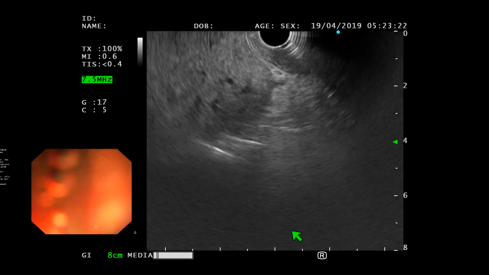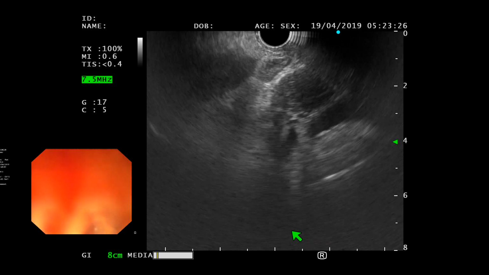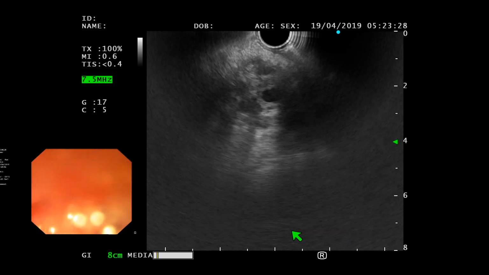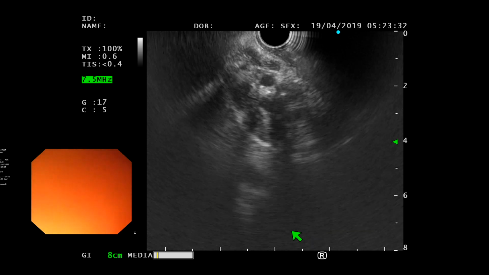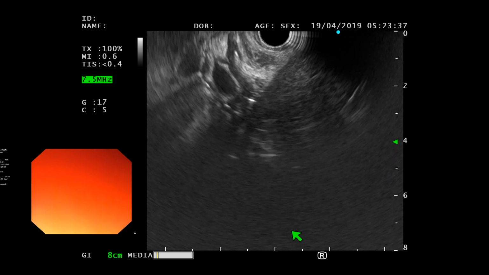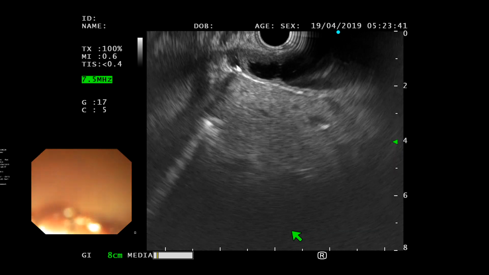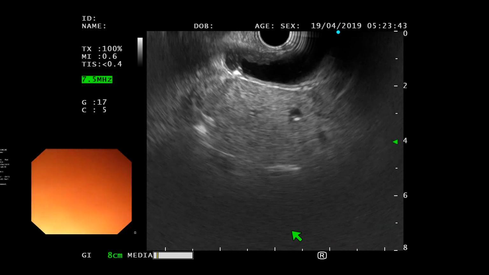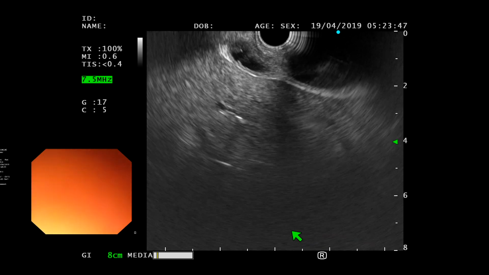There is some difficulty, as you can see, getting into D1 there. Was there any stones in the gallbladder on the CT? I can't.